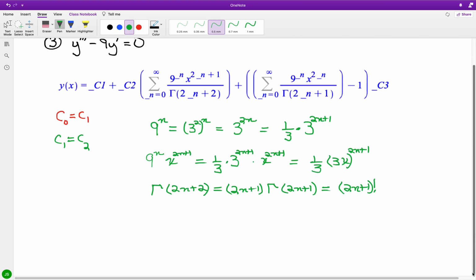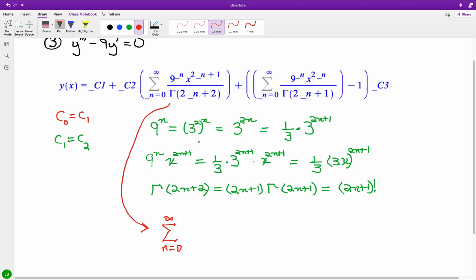So for what we have in terms of the summation, you have n going from 0 to infinity, 9 to the n times x to the 2n plus 1.